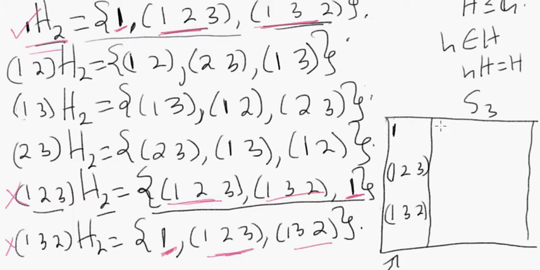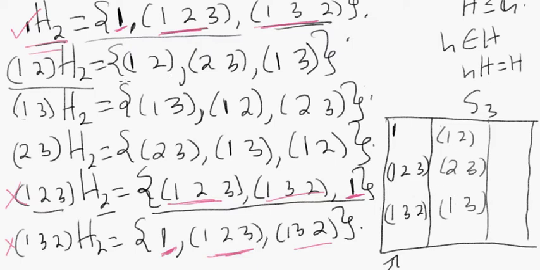So now, what are the elements of 12H2? Well, one of the elements is 1, 2. The other element is 2, 3. And the other element is 1, 3. Right? So we have ourselves the coset 1, 2, 2, 3, and 1, 3.